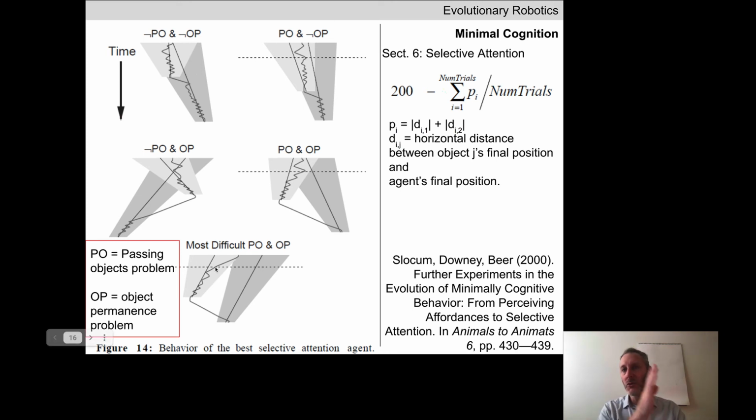In theory, the robot could move back and forth, look at one, remember, then go look at the other one, remember, come back to the first one. But it looks like the robot is not doing that. The robot seems to be looking at both objects for a very short period of time, and immediately after that very short period of time, it heads towards the initially further but slower object.